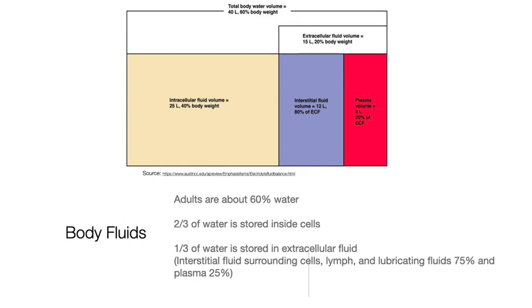Beyond that, there's extracellular fluid that accounts for about 15 liters, or about 33% of the total body water content. This is comprised of interstitial fluid, the fluid that is in between cells in the extracellular space.